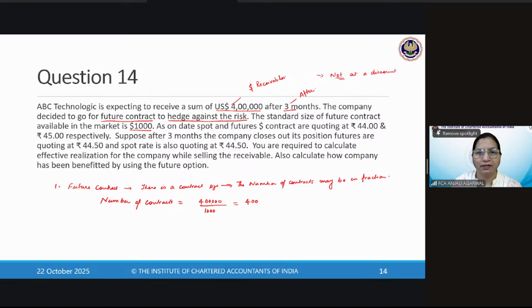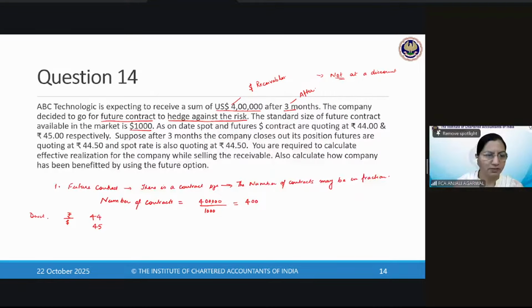As on the date, spot and future dollar contracts are quoting at 44 and 45. So this is rupee by dollar. So you need a direct quote only, and you have got a direct quote for this, which is rupee by dollar 44. As on date, spot and future.